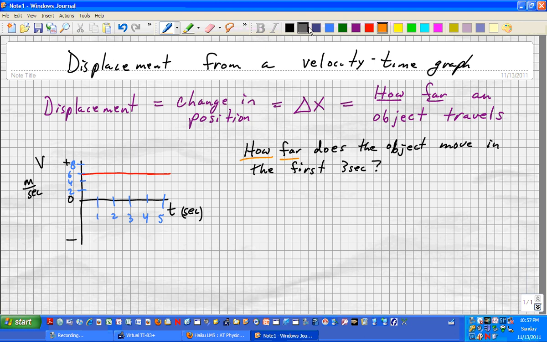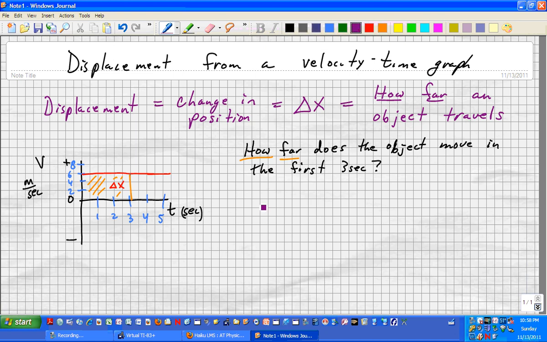Matches up here with how far. So displacement is equal to the change in position underneath the graph in the first 3 seconds. So this area under here is my change in position, or my displacement, or delta x.